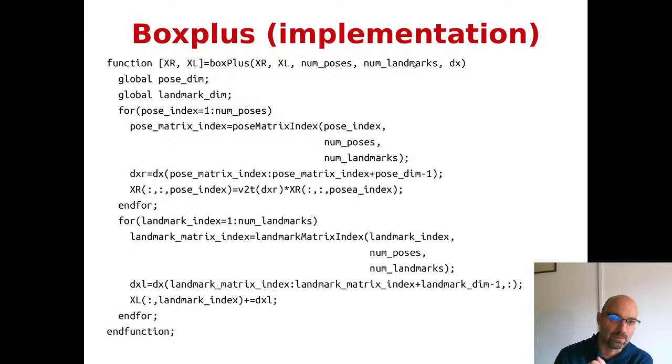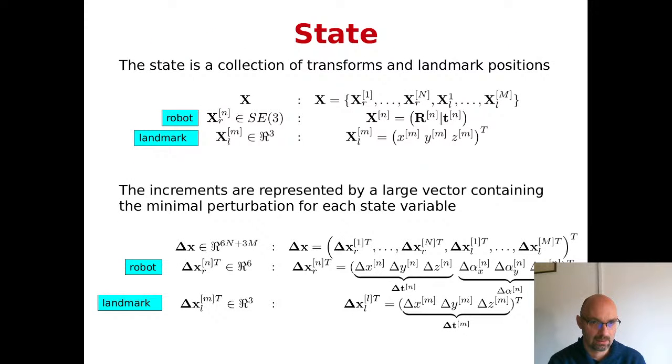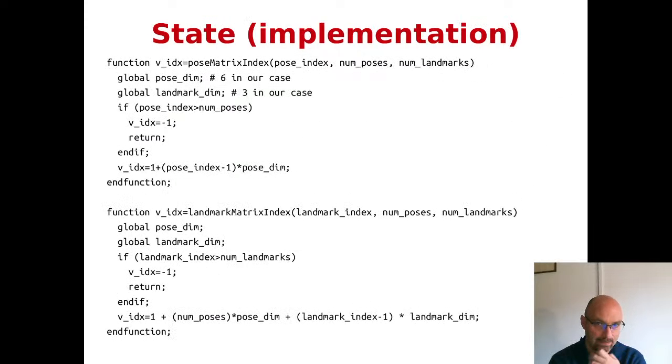Albeit those two could be retrieved directly from XR and XL, because this will be just the number of matrices that I have stacked there, and this will be just the number of landmarks in my landmark data structure. And then, of course, I need the dx, which is a perturbation vector that I recall will be this large object which is 6m plus 3n. Let's see, 6n plus 3n. Okay.